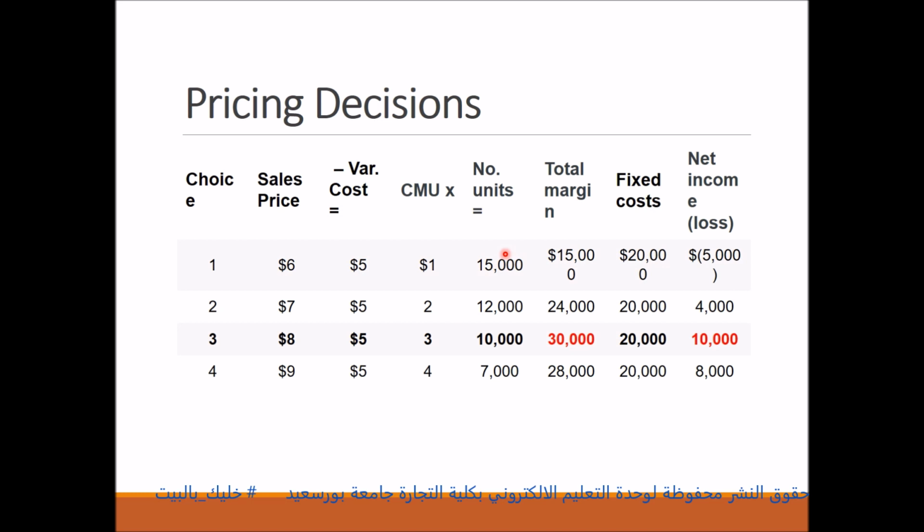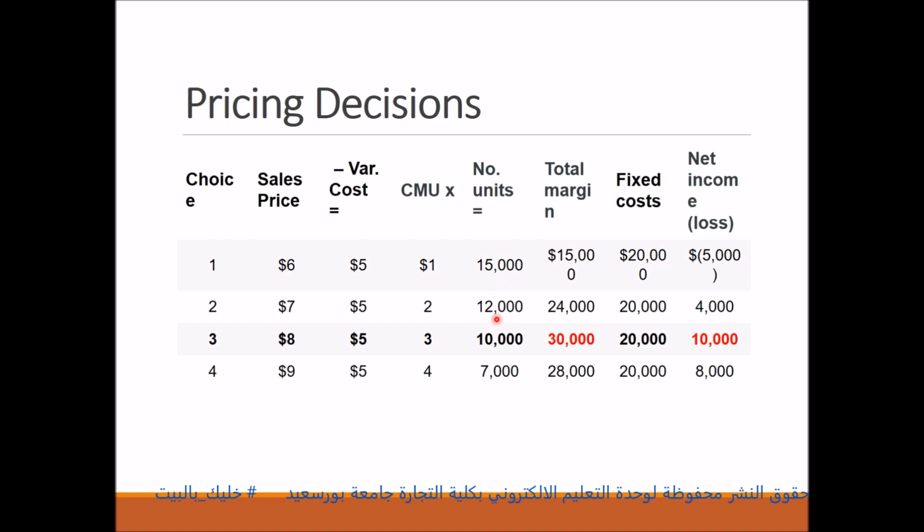The demand level will be different under each selling price. When the selling price is $6, the demand level is 15,000 units. When the selling price per unit increases to $7, the demand level decreases to 12,000 units.